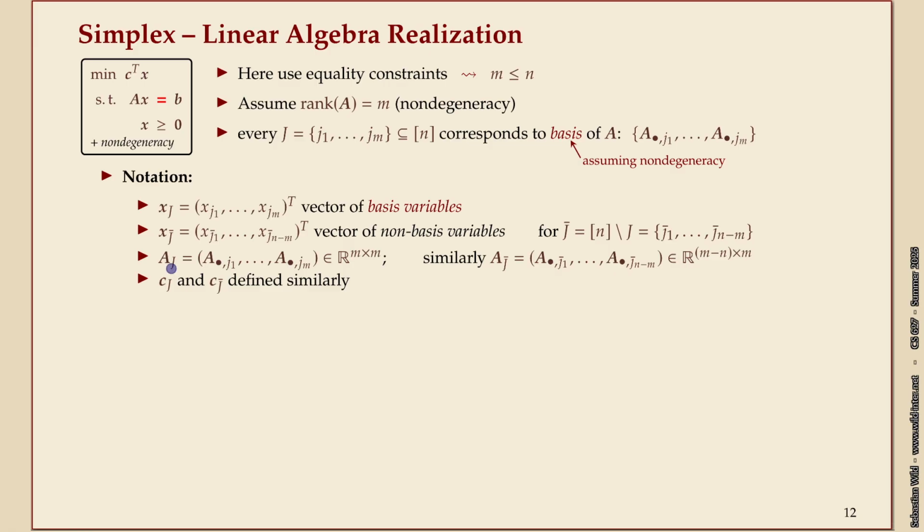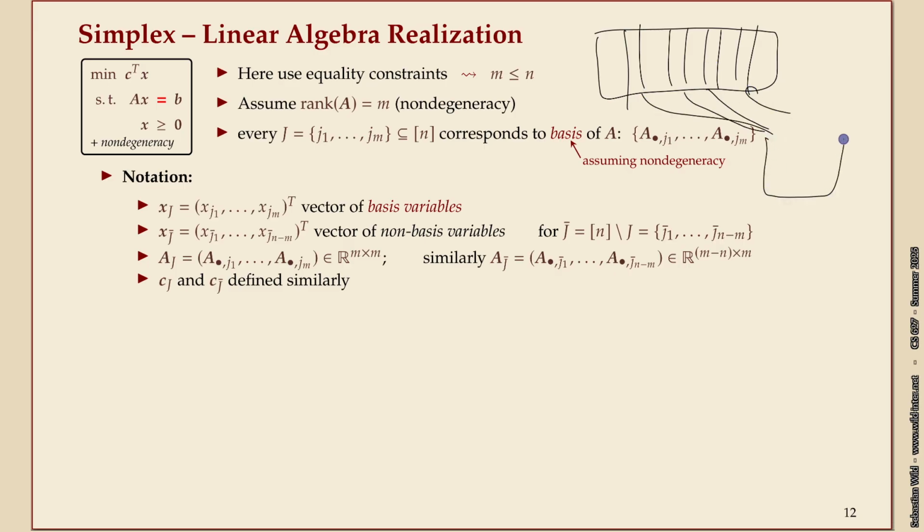You can split up the constraints. So again, you take the matrix and now you take those four columns. That gives your matrix AJ. It's a square matrix now. And all the other columns together form this matrix AJ bar.